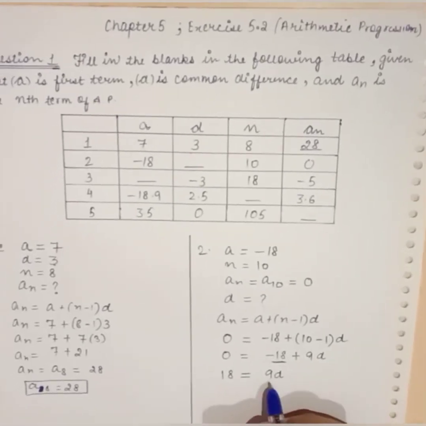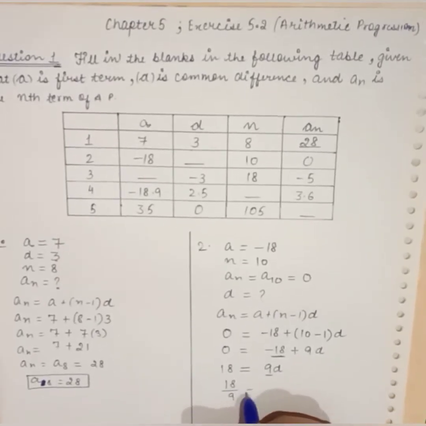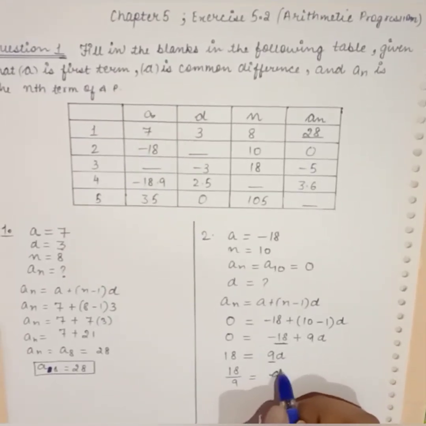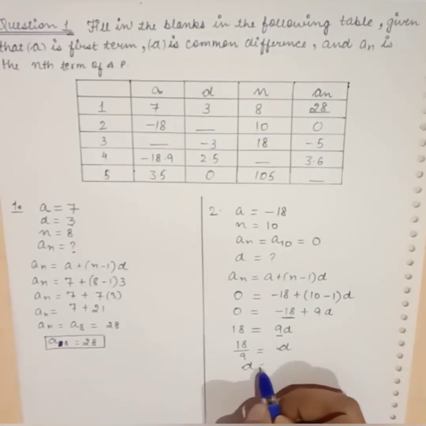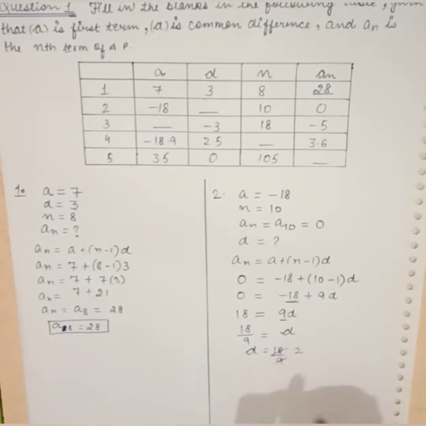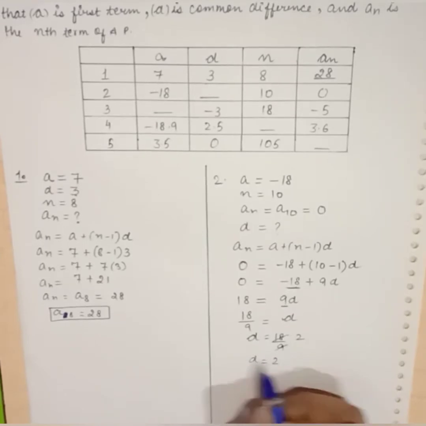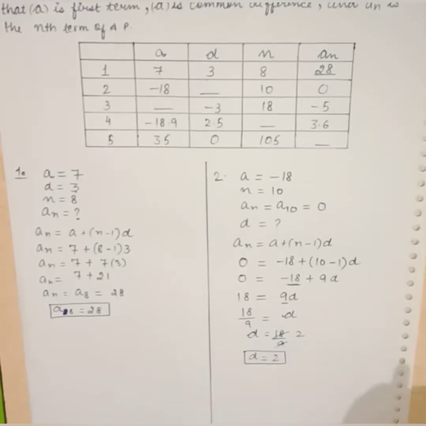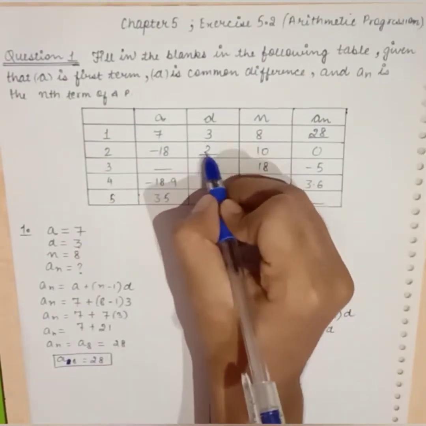Now we divide 18 by 9. We get d is equal to 18 by 9, that is 2. So our common difference d is 2. We write here 2.